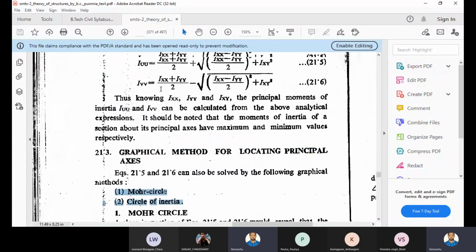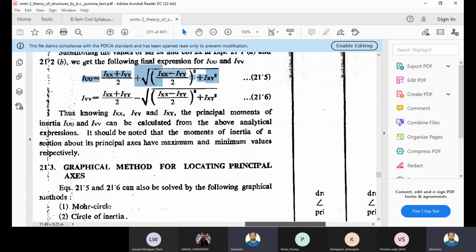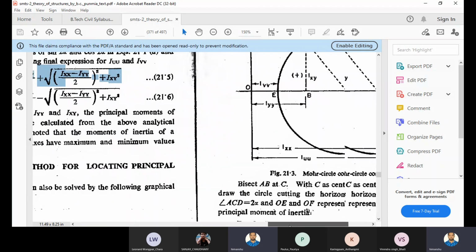Upon pondering this equation, we see that these equations are very similar to the equations which we derived earlier for the Mohr circle. So from here we can easily find the Mohr circle equation.